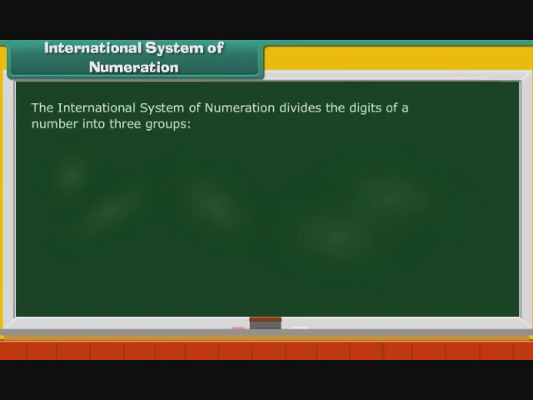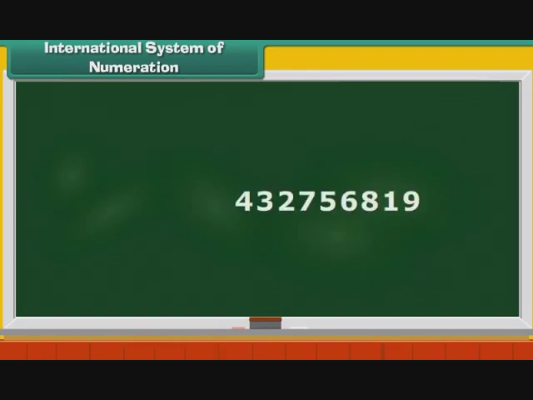The International System of Numeration divides the digits of a number into three groups: ones, thousands, and millions. Let us see how. Consider the number 432756819.